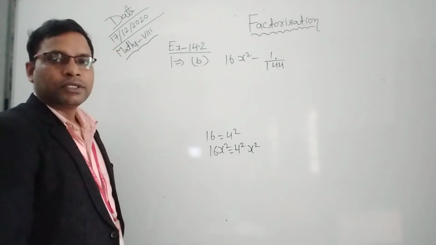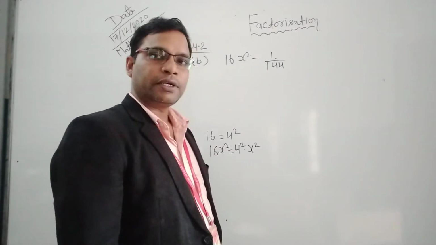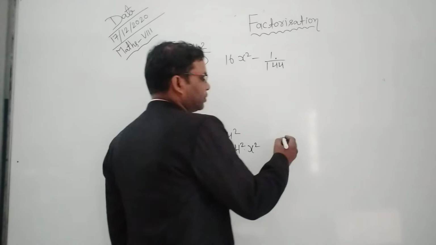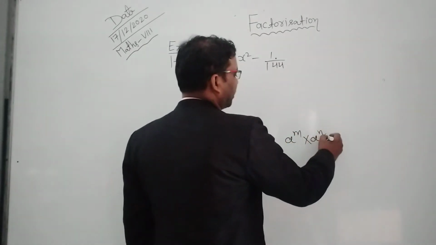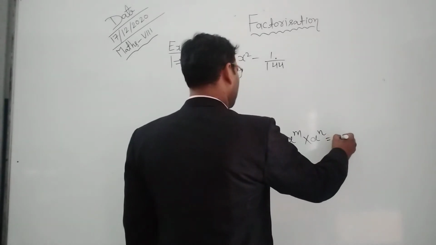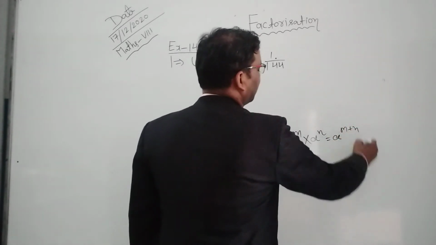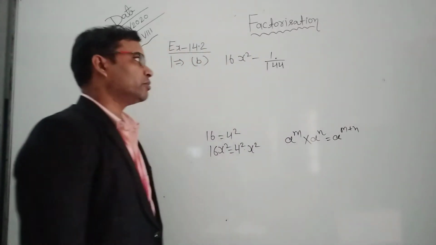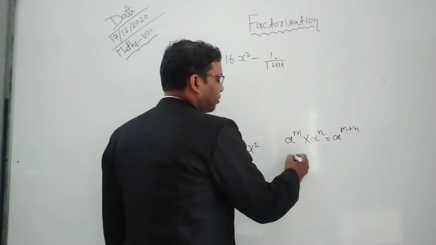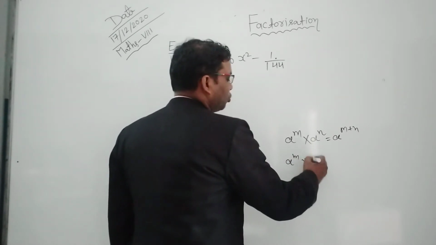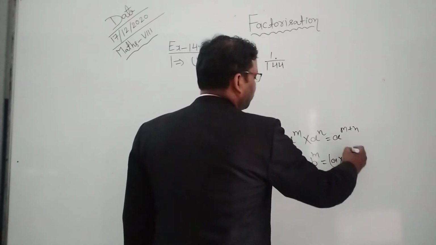According to the law of exponents, a to the power m into a to the power n is equal to a to the power m plus n. But here this law of exponents is not used. Here we use a to the power n into b to the power n, which is equal to a into b whole to the power n.